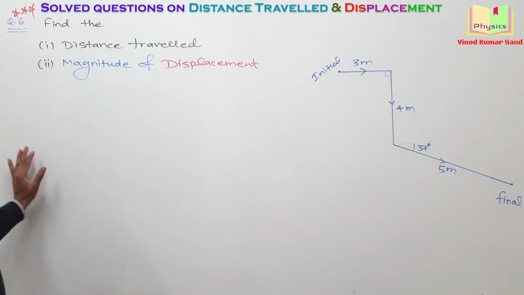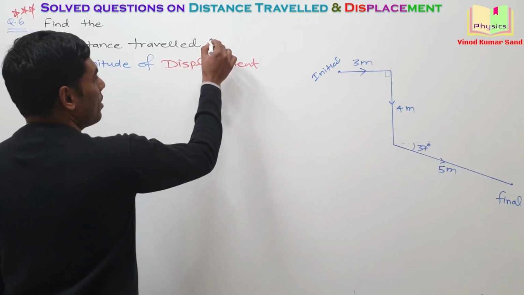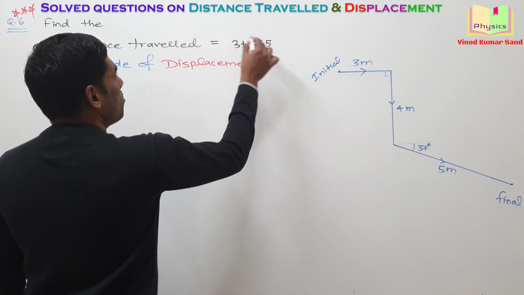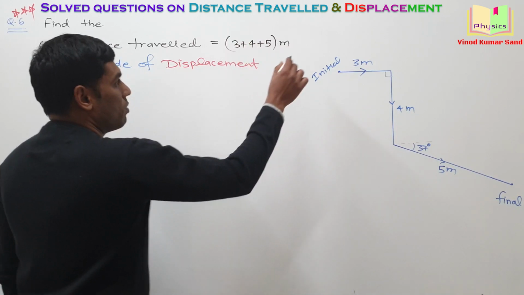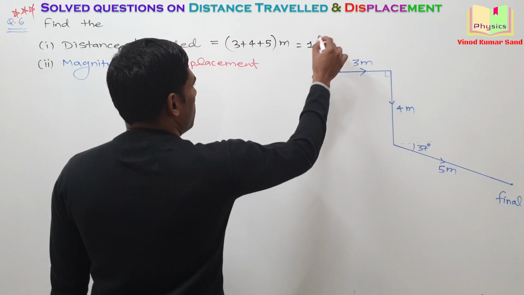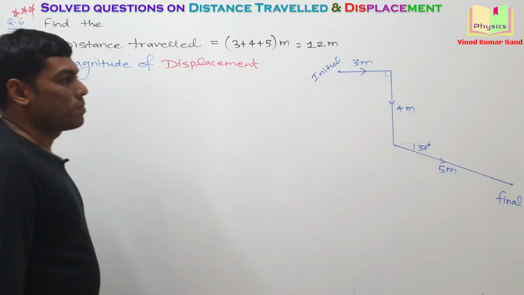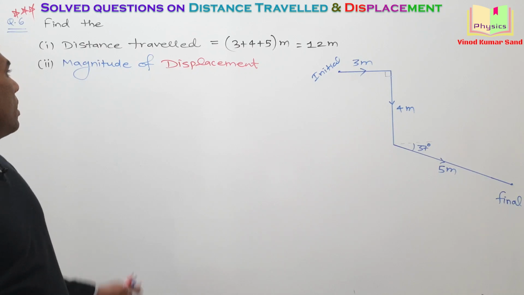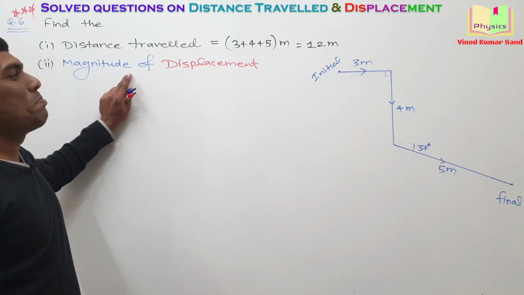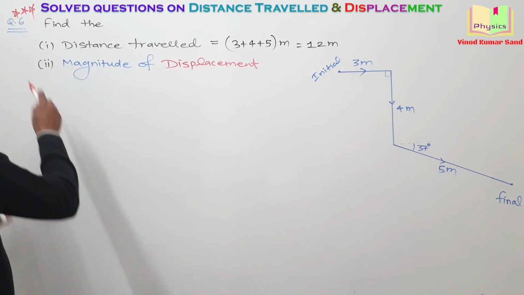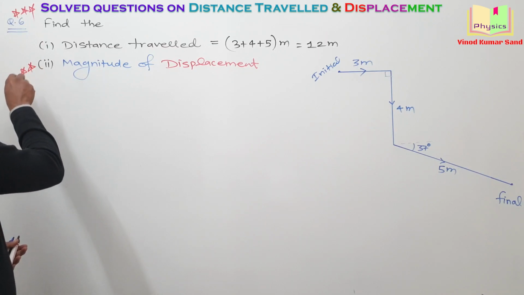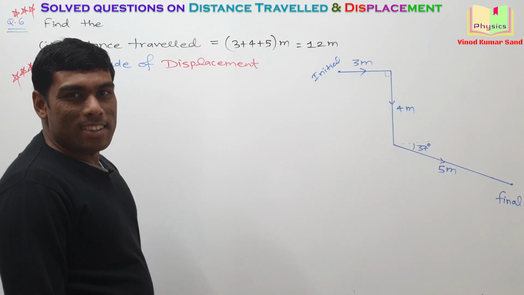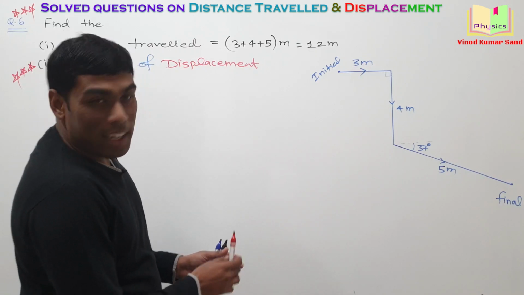Actually, the distance traveled part is pretty simple. The distance traveled is 3 plus 4 plus 5 meter, which is equal to 12 meter. Everyone got the correct answer? Simple one. This is the important part. How much is the magnitude of the displacement? The correct answer, shall I write it first?